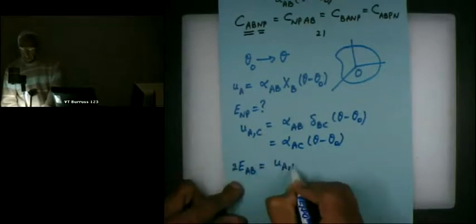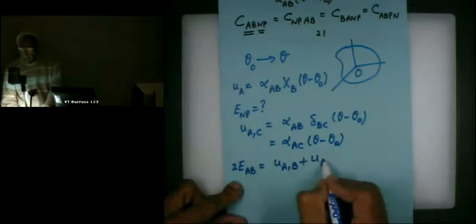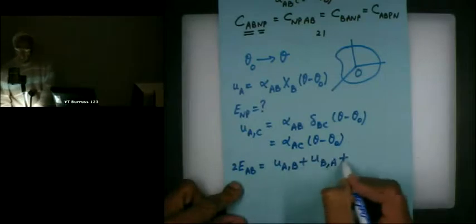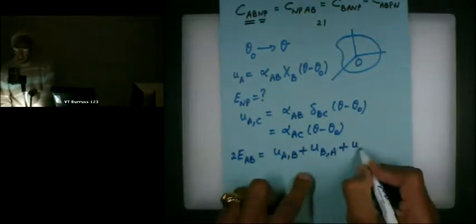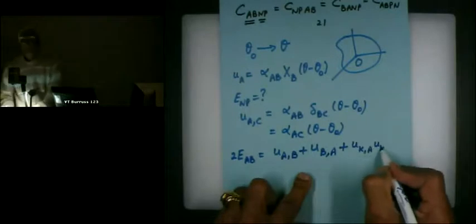So E_AB, well, twice of this, equals U_A,B plus U_B,A plus, say, U_K,A U_K,B. That's the definition of the Green-Lagrange strain tensor.